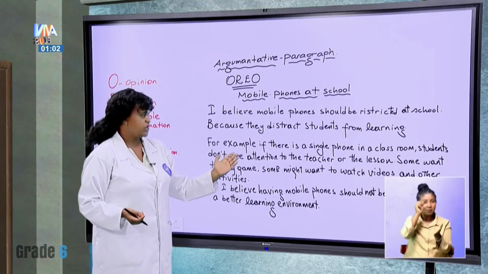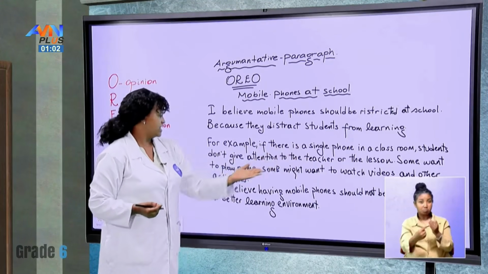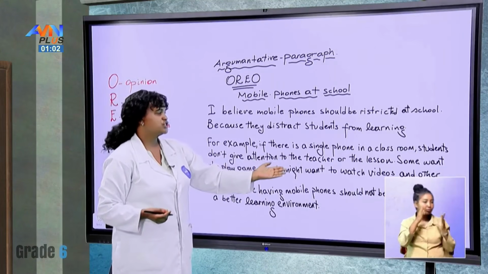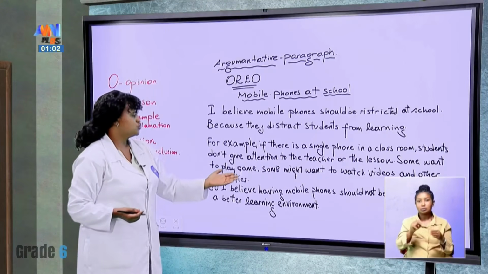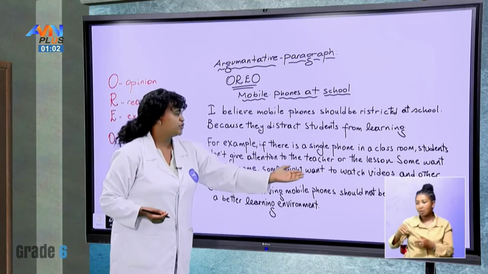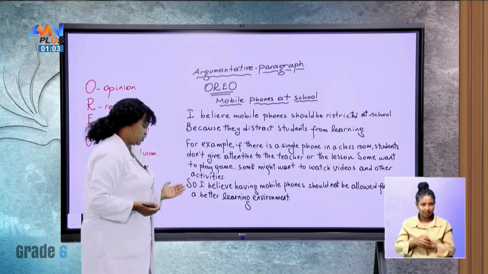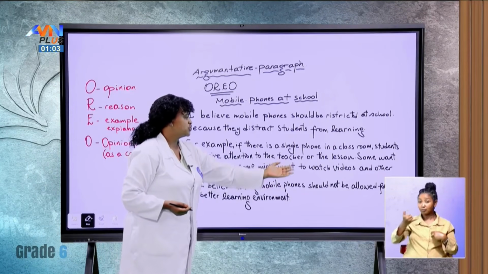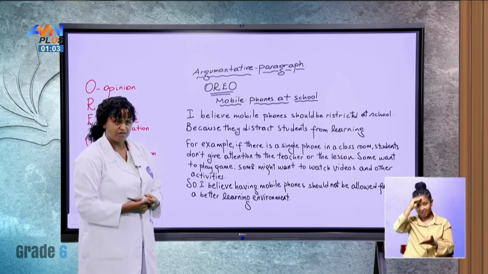For example, if there is a single phone in a classroom, students do not give attention to the teacher or the lesson. Some want to play games, some might want to watch videos and other activities. So, I believe having mobile phones should not be allowed for a better learning environment.